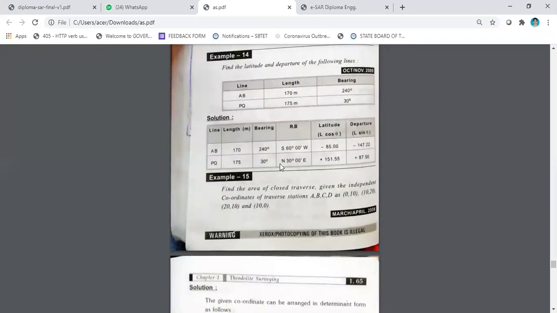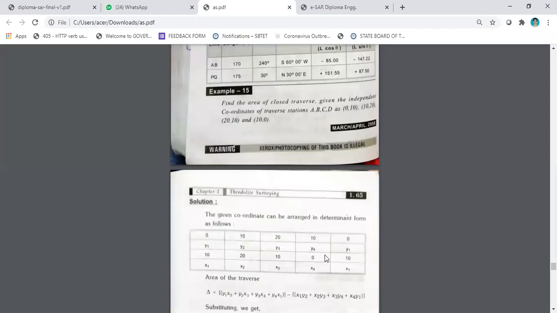This is again an area problem, consecutive coordinates. Find the area of the closed traverse given independent coordinates of traverse stations A, B, C, D as 0, 10, 10, 20, 20, 10 and 10, 0. Again, yesterday's class: y1, x1, y2, x2, y3, x3, y4, x4, and again you need to write at the last also y1, x1.